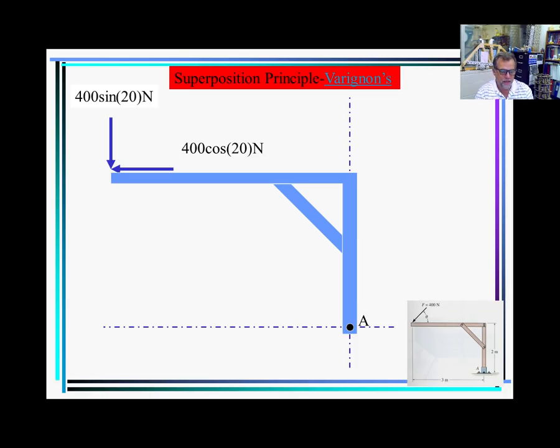Because it says that if you have a bunch of forces and moments applied to a particular rigid body, the total effect of all of those is the same as if I apply them one by one, calculate the effect of each individually, and add those effects. So in this case, we have two forces. Instead of having the two forces, I'm going to study the effect of every one of those forces separately, and then add the results. It's that simple, and it's one of the most powerful things you can have, because it applies basically to every linear structure.